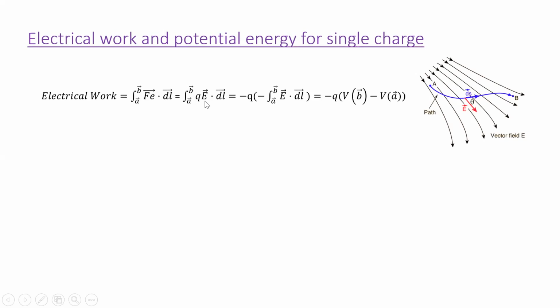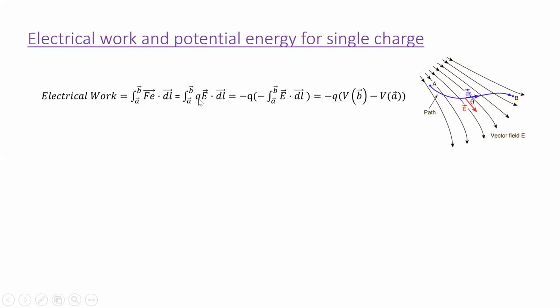But then notice that if we pull out the charge Q, we have the integral from A to B of E dot dl, which is related to the electric potential, which we saw last time. In fact, the electric potential is minus the integral from A to B of E dot dl.